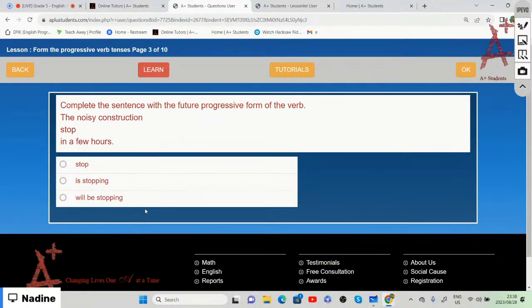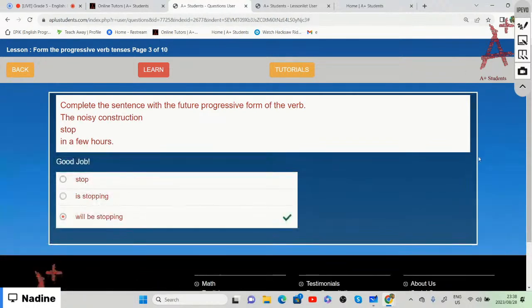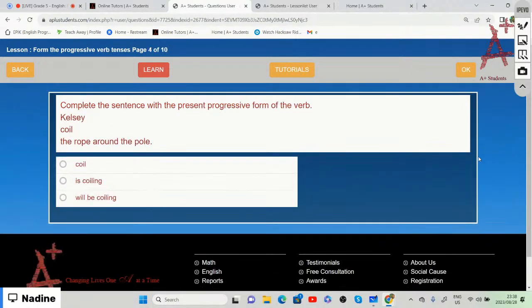If we use the future progressive form, then we will say will be stopping. So well done for will be. Will be is correct. So will be stopping in a few hours, and that shows the future progressive form of the verb.